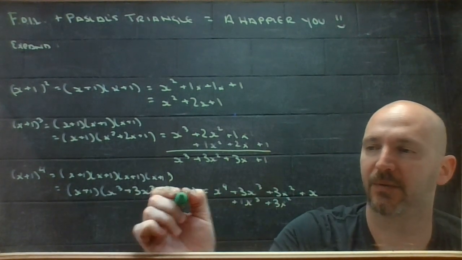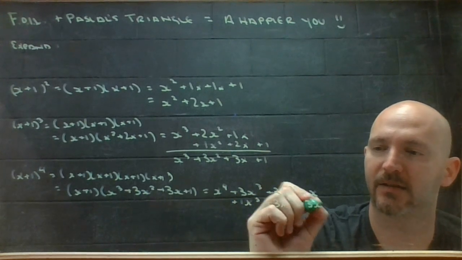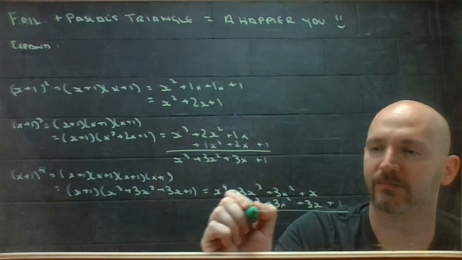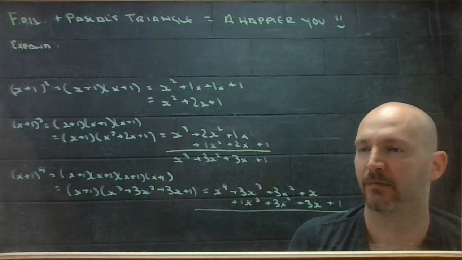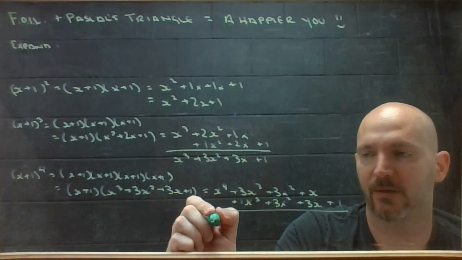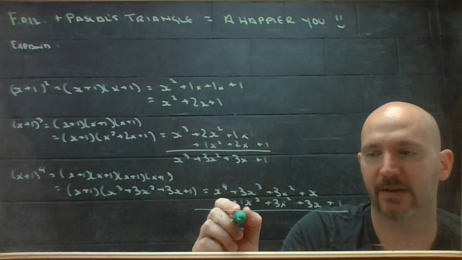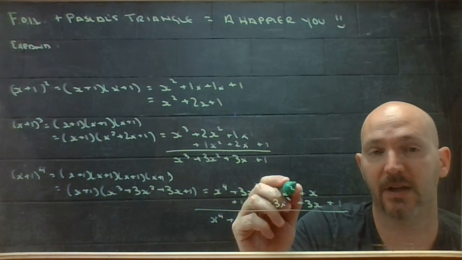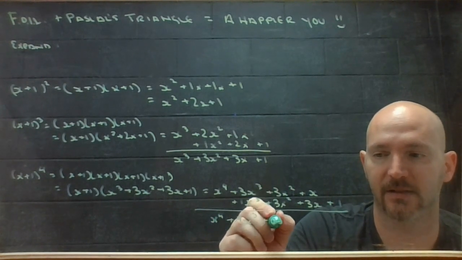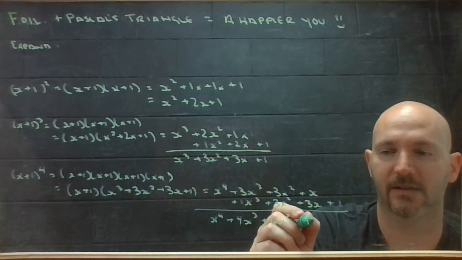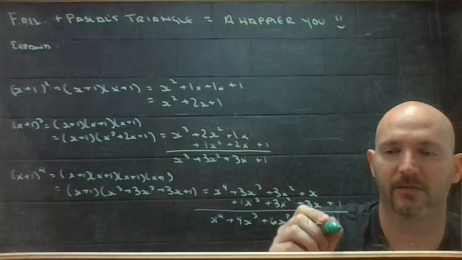A 1 with a 3x is 3x. And a 1 with a 1 is a 1. Which gives me x to the 4. 3x cubed and 1x cubed is 4x cubed. 3x squared and 3x squared is 6x squared. 1x and 3x is 4x. And got a plus 1 in the back.